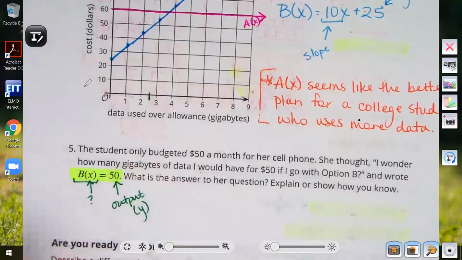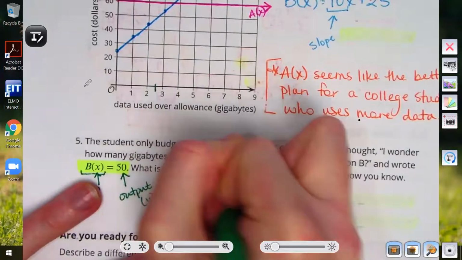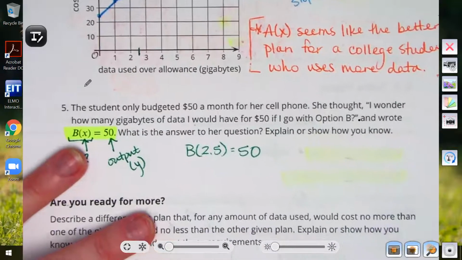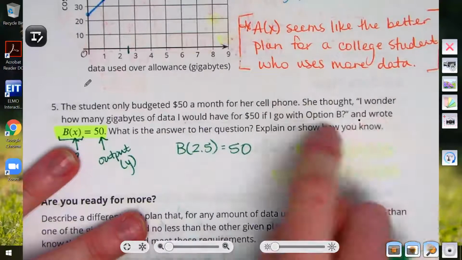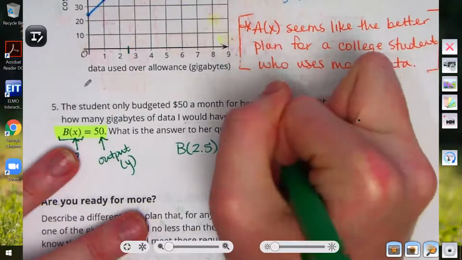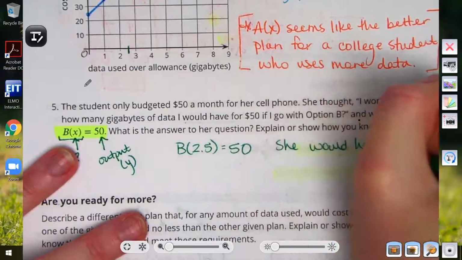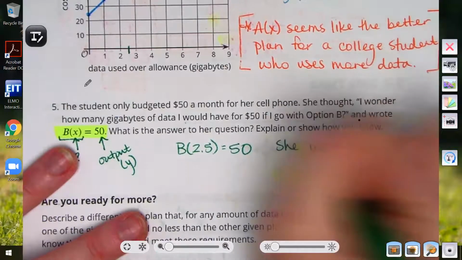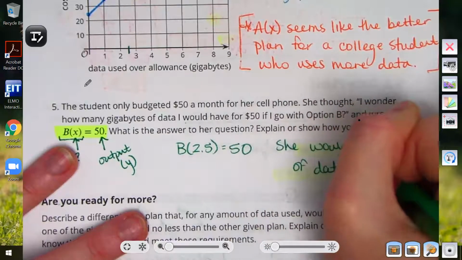Okay, so if I was writing it just for the function, I would say B of 2.5 equals 50, which means I wonder how many gigs. So she would have 4.5 gigs of data for $50.